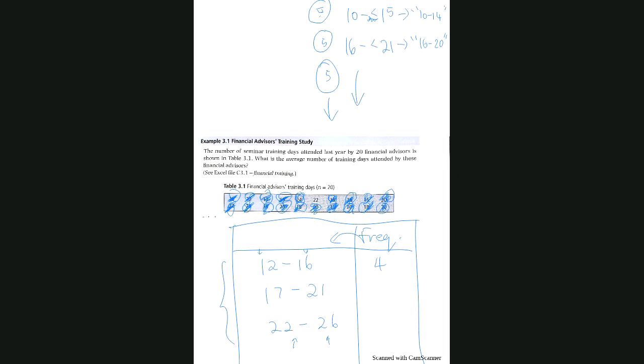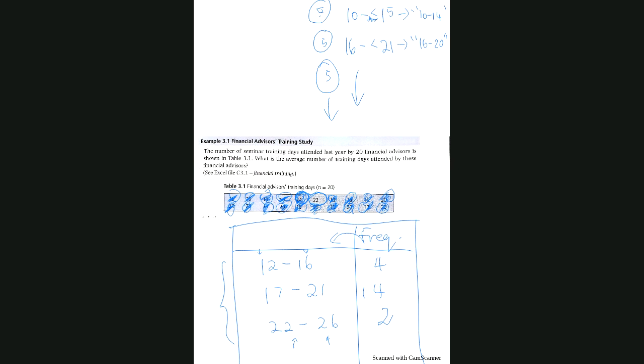So 14 values then fall between the intervals of 17 and 21, including 17 and 21. And then between 22 and 26 is just the 24 and the 22. So 2 values.